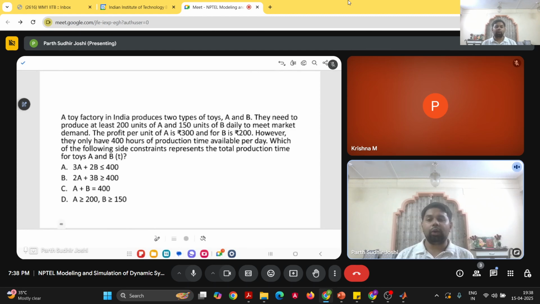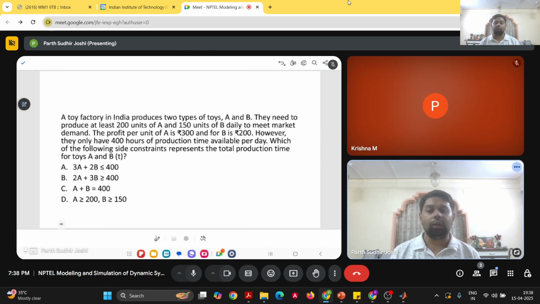So we have the constraint on the 400 hours of production per day, and if A, let us say, is the number of units of A and B is the number of units of B, to have a constraint that quantifies the number of hours of production time, we need to know what is the time in hours required to produce A and B, and so based on that we can estimate the total production time, but that is not given.